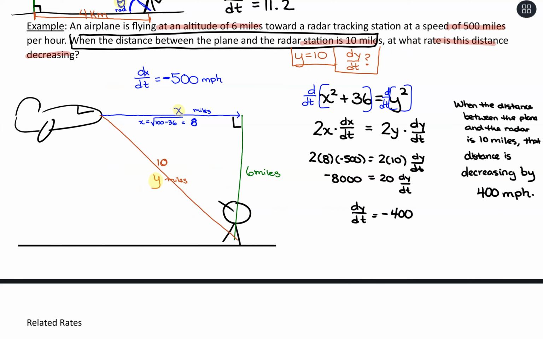So it's that distance between the plane and the radar that's shrinking, and it would be at a rate of 400 miles per hour.